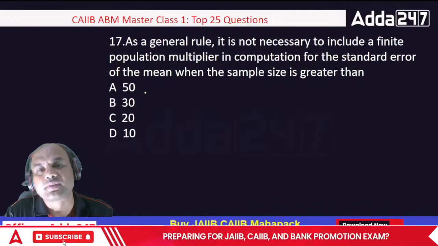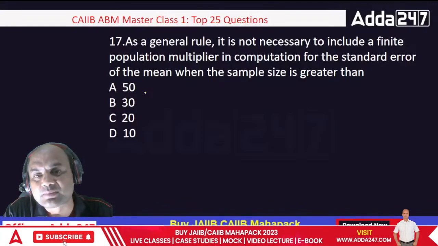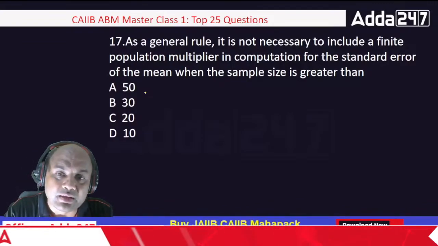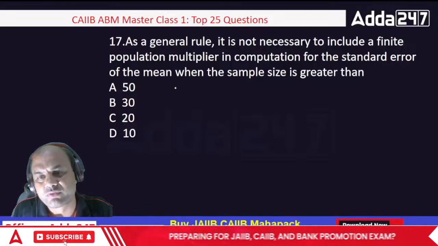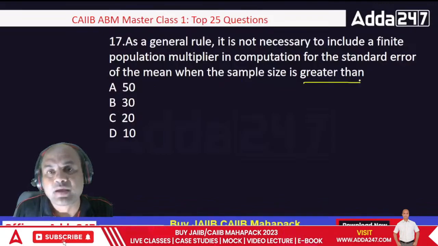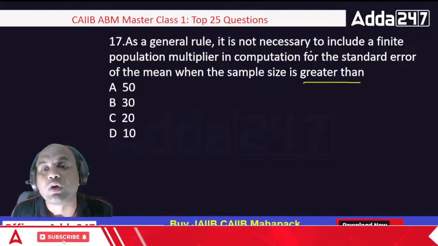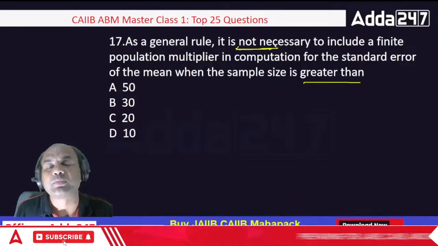Got it? Next one. As a general rule, it is not necessary to include a finite population multiplier in computation of standard error for a mean when the sample size is greater than what? Very important question. When should we use the finite population multiplier and when should we not use it?